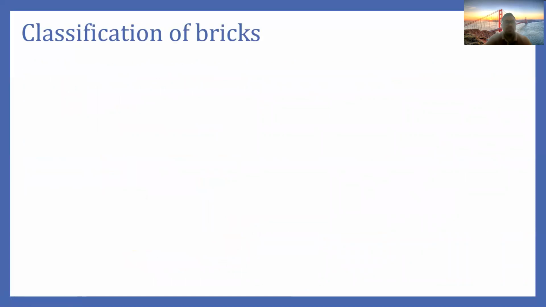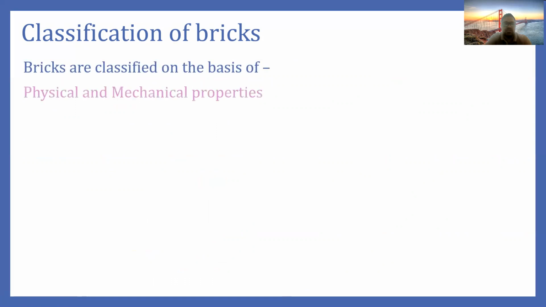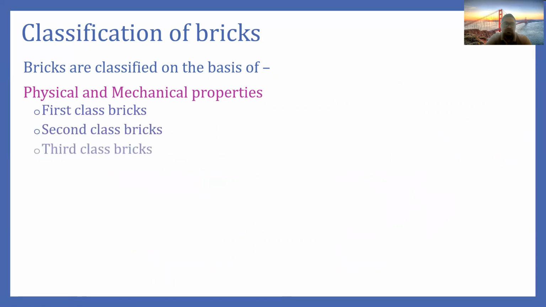Now, talking about the classification of brick, classification can be done on various bases, but in our course, we will be classifying our brick on the basis of two criteria. One is on the basis of physical and mechanical property. On the basis of this, we have different types of brick like first class brick, second class brick, third class brick, and fourth class brick.